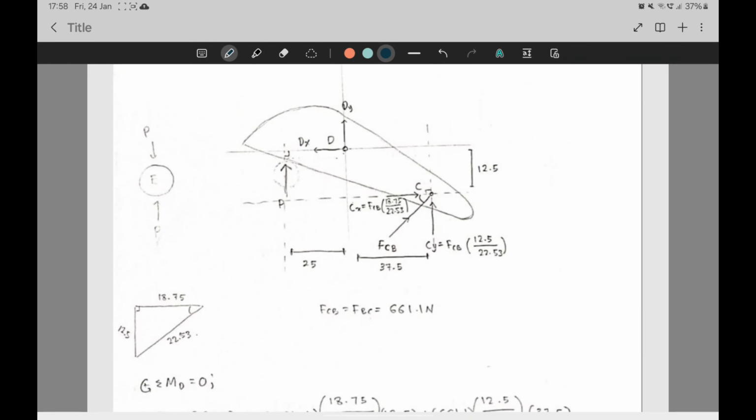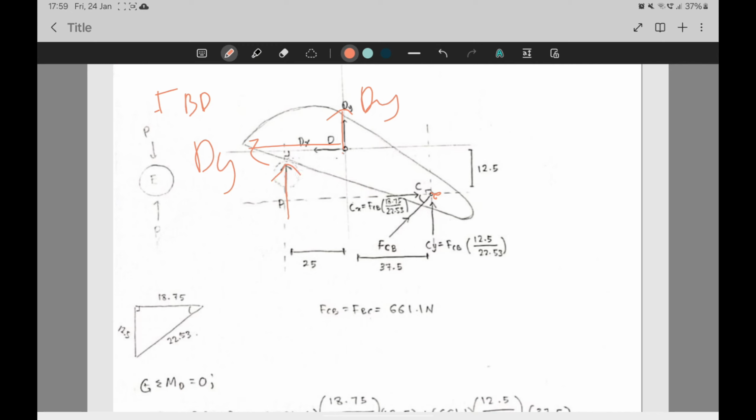Okay, for the second section we have to draw the FBD on this part. So we have point D and point C. We have dy and we have dx.